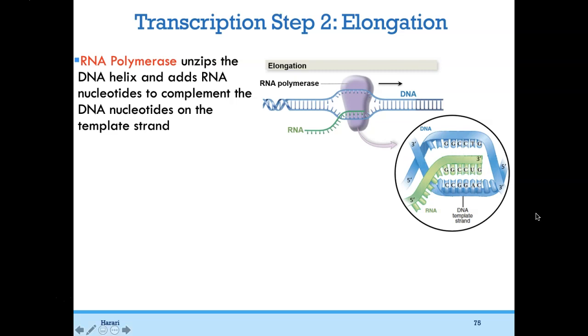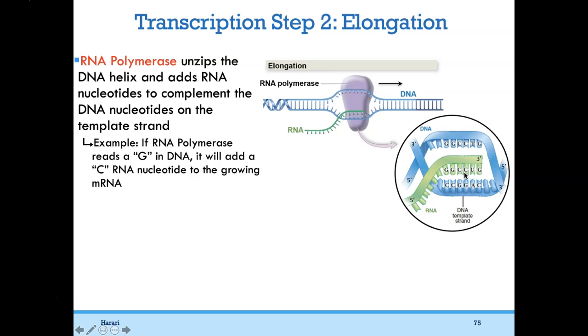So RNA polymerase is going to put a U. And if the template has a G, then the RNA polymerase will put a C, a cytosine RNA nucleotide. So it's going to add in the complementary RNA nucleotide as it reads the DNA template.